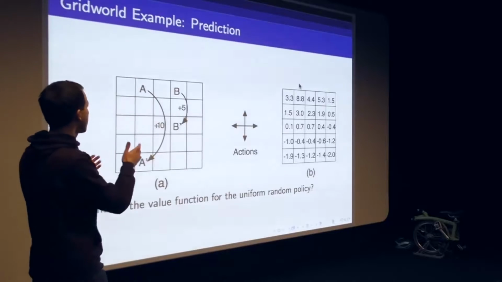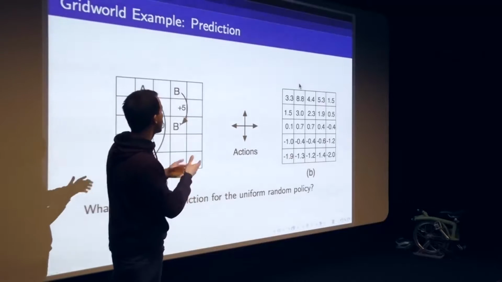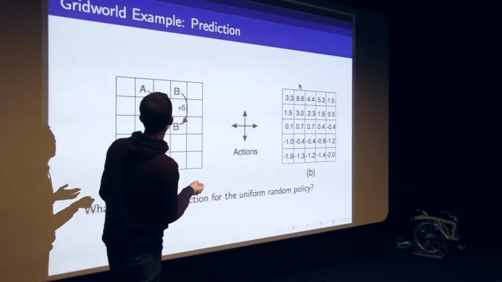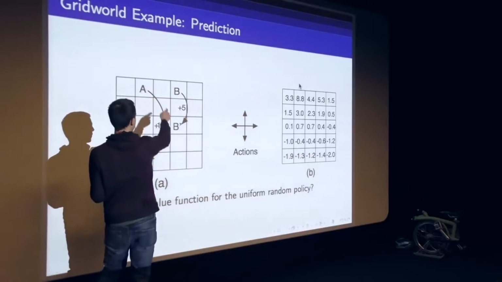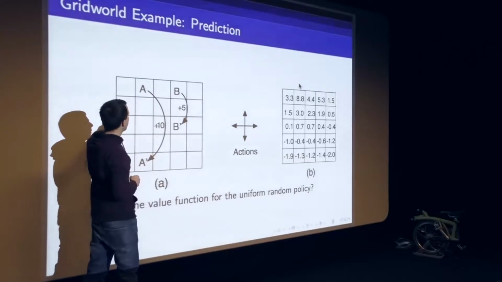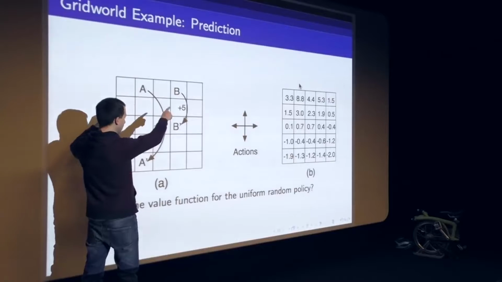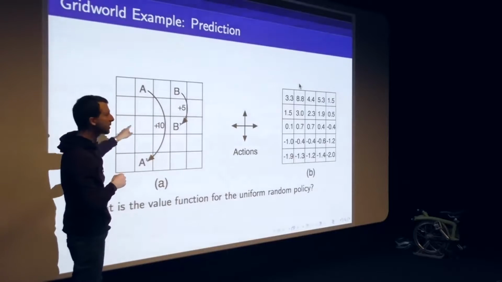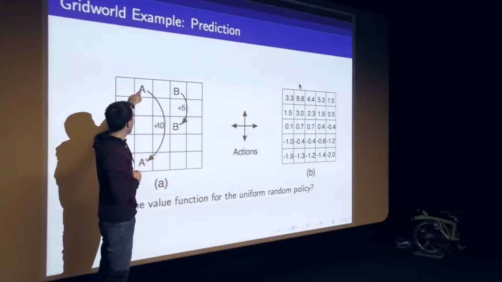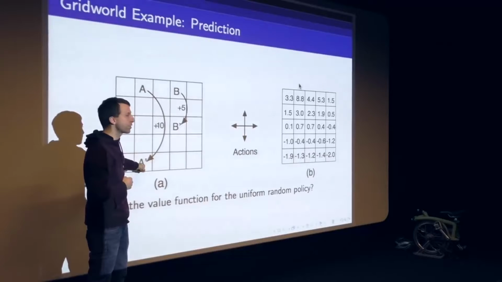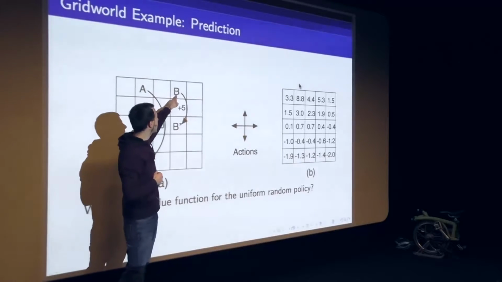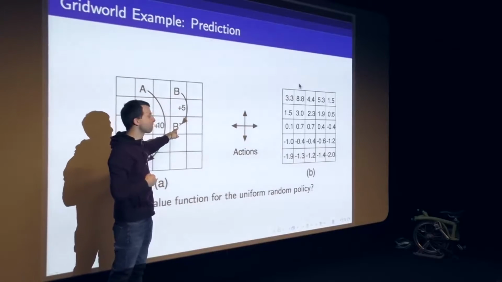So if we go back to our grid world example, you can have a grid world like this. Again, you've got an agent that's moving around this grid world. It basically gets -1 per time step, but if it goes to A, it gets a +10 reward and teleports to A prime. If it goes to B, it gets a +5 reward and teleports to B prime.